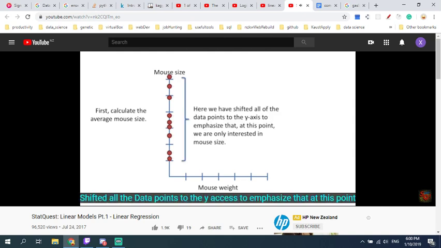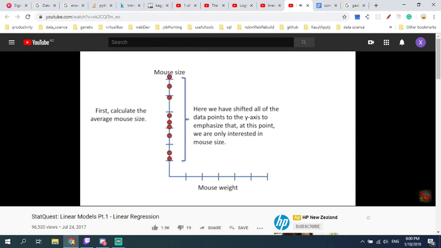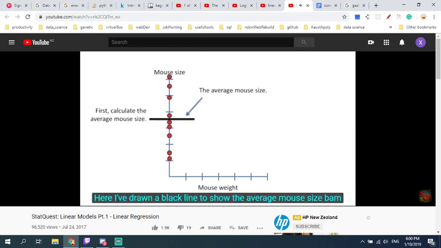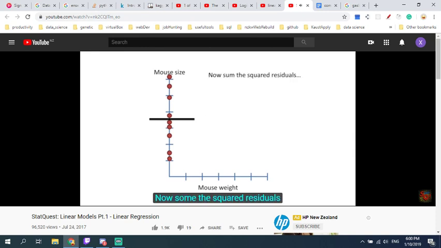Okay, I've just shifted all the data points to the y-axis to emphasize that, at this point, we are only interested in mouse size. Here, I've drawn a black line to show the average mouse size. Bam! Now, sum the squared residuals.